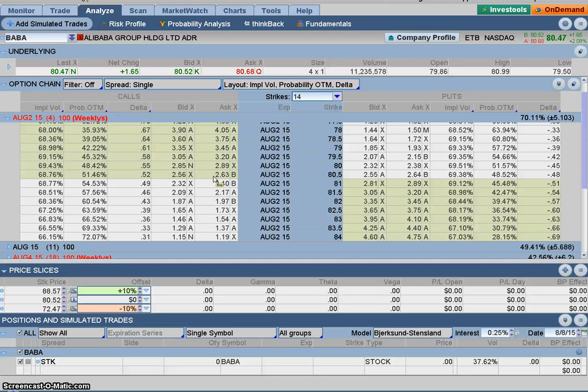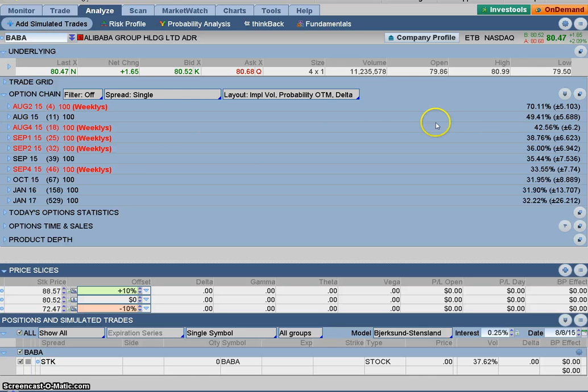Once the earnings are announced and the stock opens up tomorrow, we need to see the stock trading at least that, because a lot of this time premium is going to go away. I can show you a little trick on how you can figure out how much time premium is going to go away.